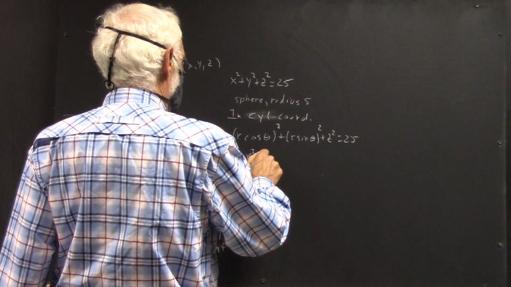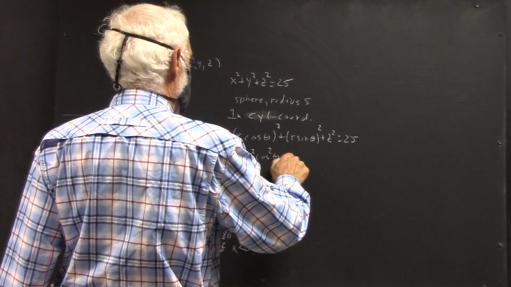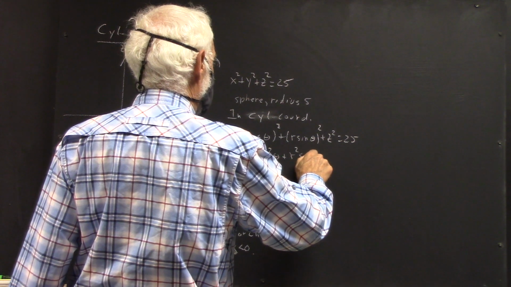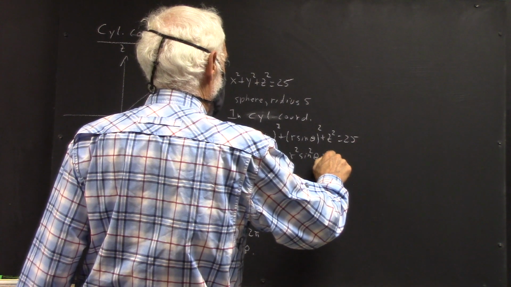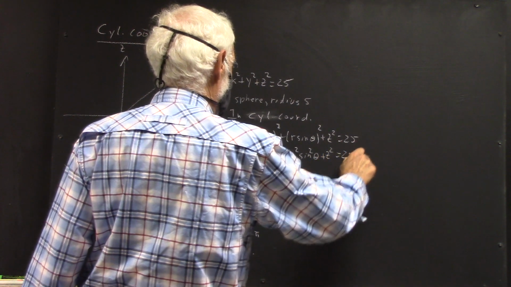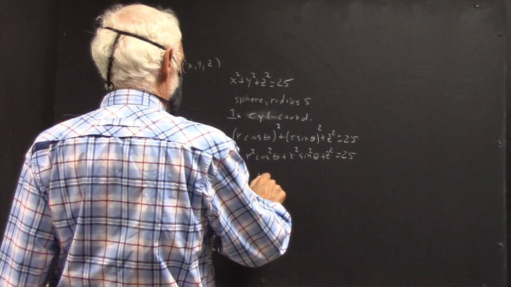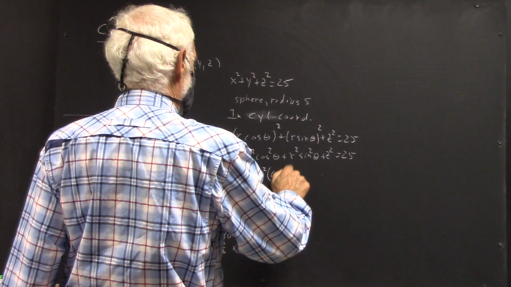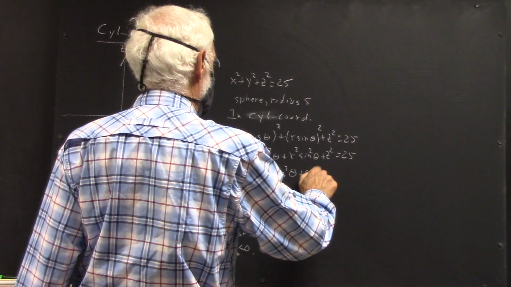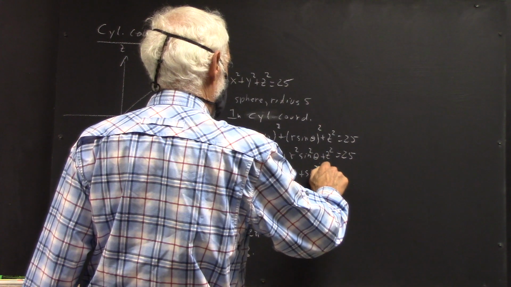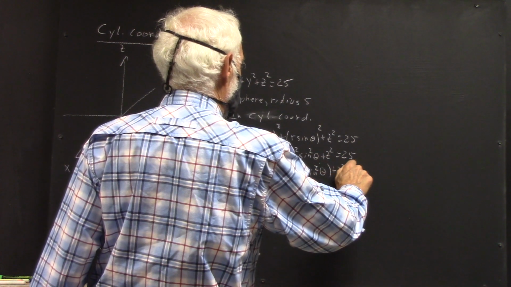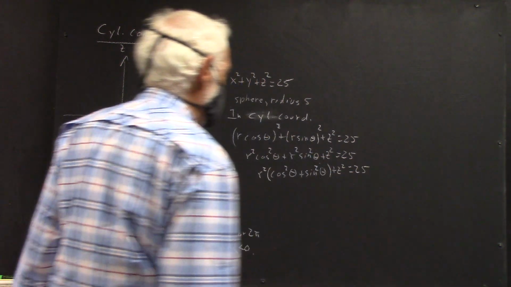Well, that's r squared cosine squared theta plus r squared sine squared theta plus z squared equals 25, which is r squared times cosine squared theta plus sine squared theta, plus z squared equals 25.